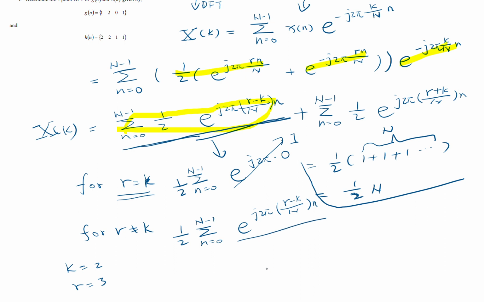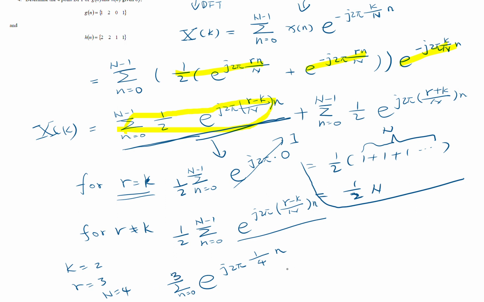So what is this? If k equal to 2 and r equal to 3, you can see that e to the order of j 2 pi is 1. N, for example, n equal to 4, and this is lowercase n, right? We're going to sum this whole thing up, starting from 0 all the way to 3.